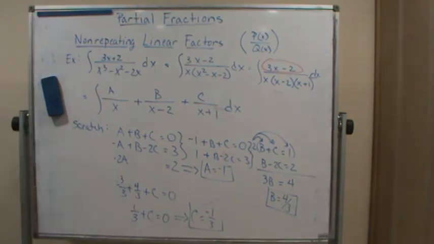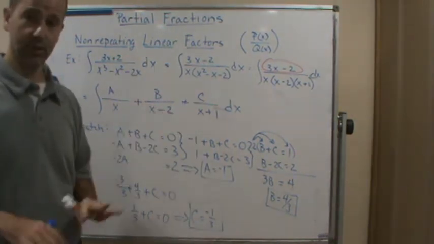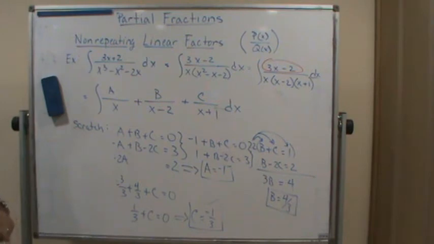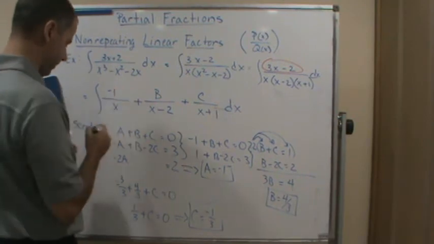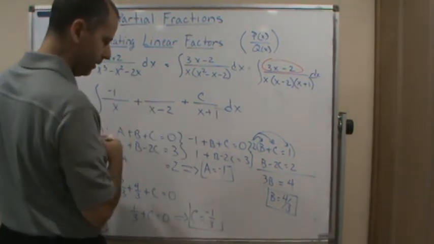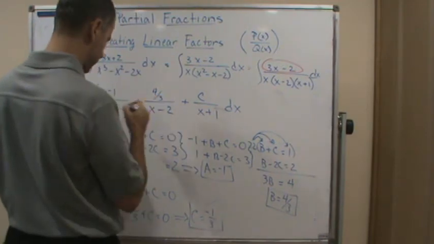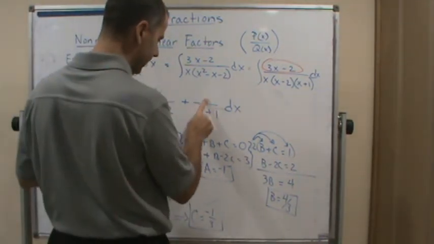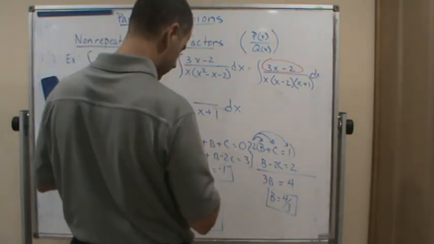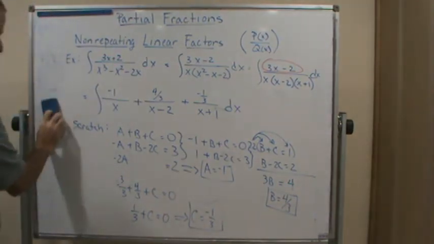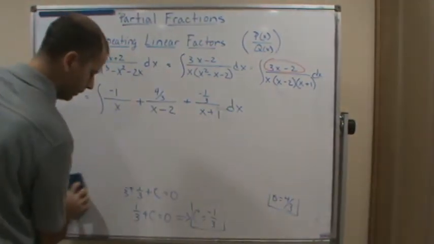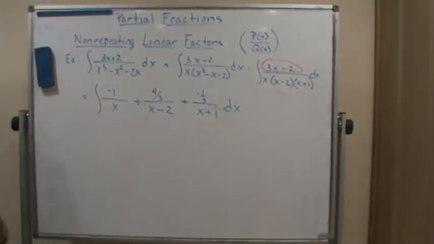Okay, now all that work to figure out a, b, and c, which it wasn't hard, it can just be tedious. So now I know that a is negative 1, b is 4/3, and c is negative 1/3. And so now I can solve the problem. Okay? So now, look what happens.